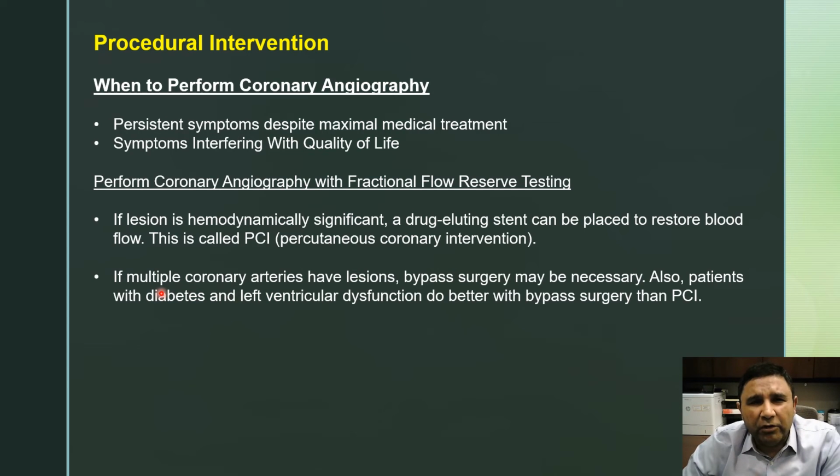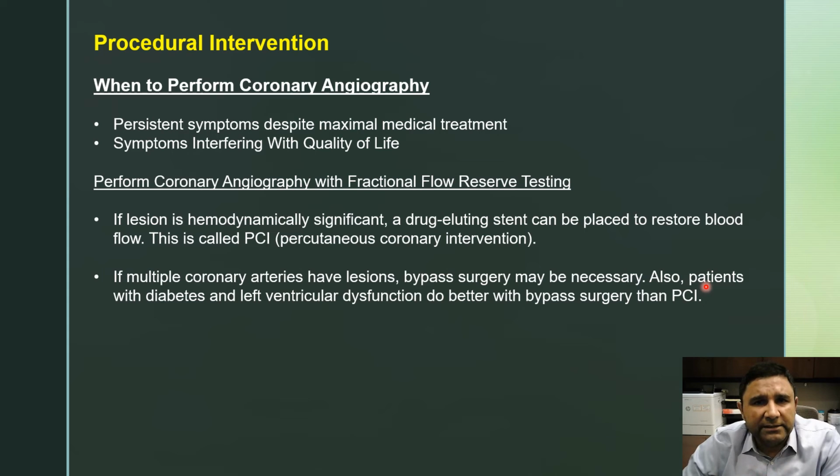Now, if you have one or two arteries, you can place a stent in them. But what we've found as physicians is that if there are multiple coronary arteries that have plaques and lesions in them, sometimes a bypass surgery will be more effective than just doing a PCI.